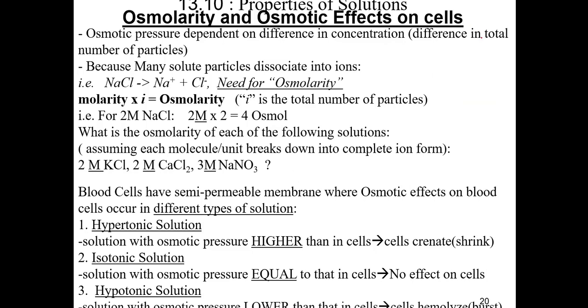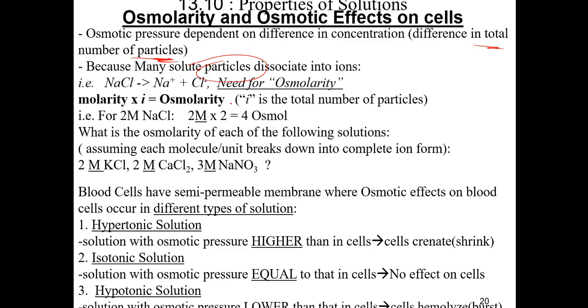The concentration is the total number of particles that are present. The more particles present, the more osmotic pressure there's going to be. So we have a way of quantifying it. The greater the osmolarity, or the greater the number of total particles, regardless of whether they're ions or molecules, the greater the osmotic pressure.